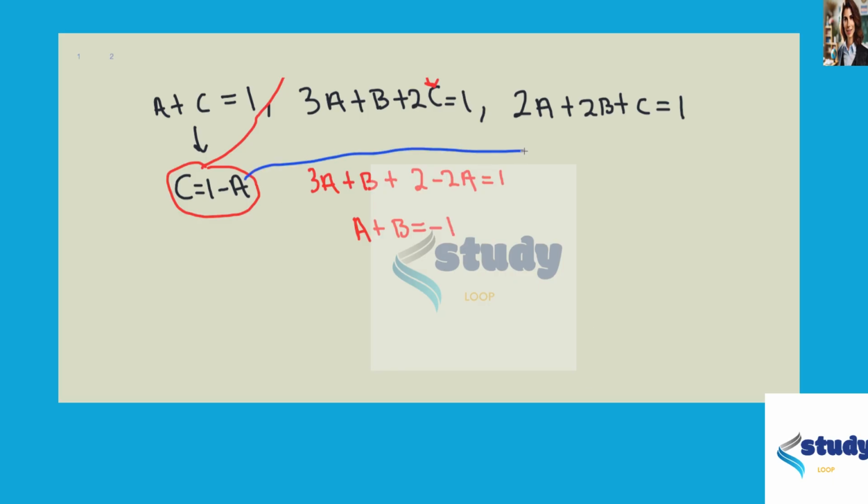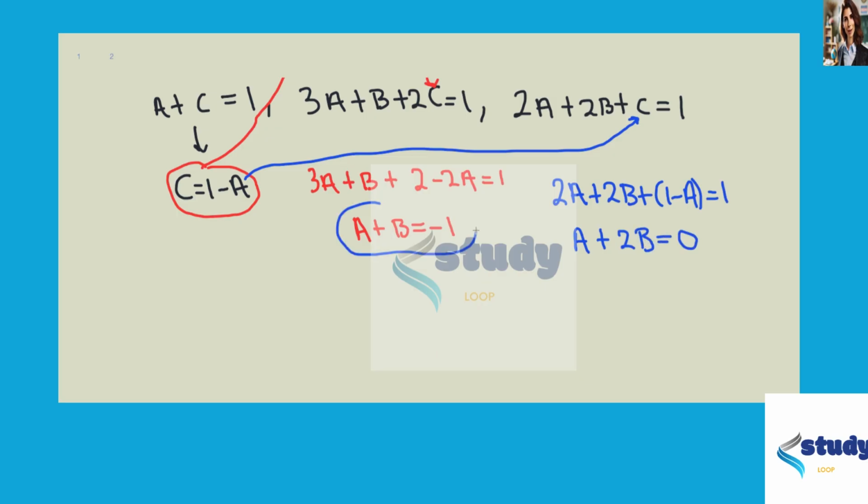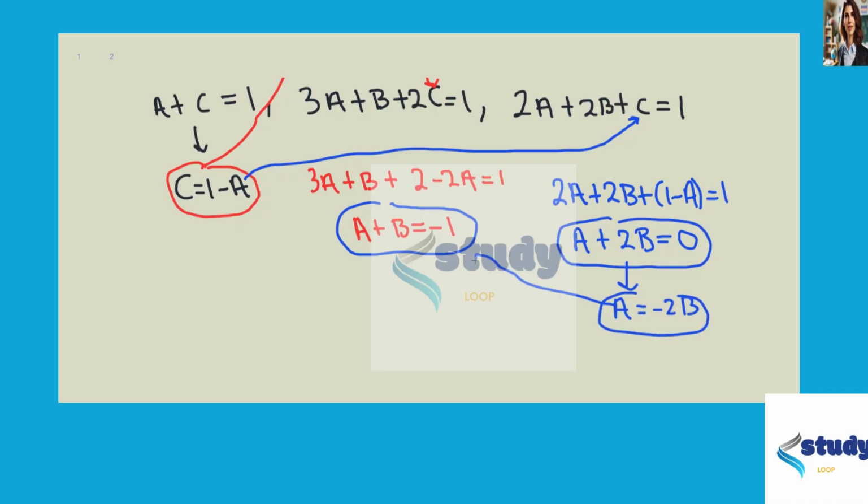Similarly, plug C into the final equation. You have 2A plus 2B plus C, which we write as 1 minus A. That equals 1. Now simplify this: A plus 2B equals 0. So now we have a 2x2 system that we can solve in A and B. From this last equation here, we could solve for A, and then plug this A value into the other equation.